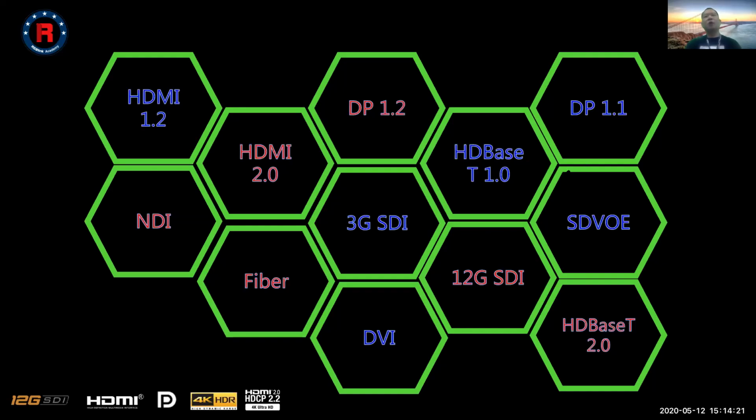The blue one, especially, is for the 2K version. I'm sorry, for SDVoE, this should be the red one. And the red one is for 4K.